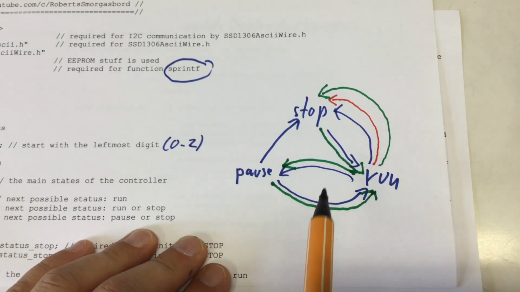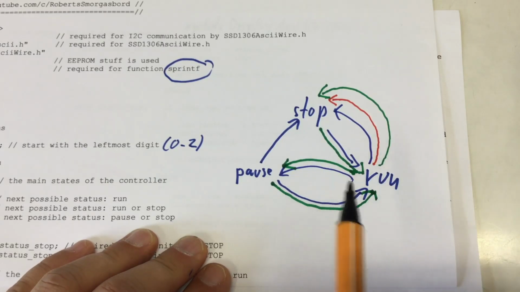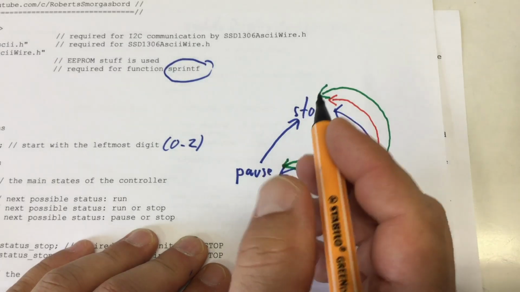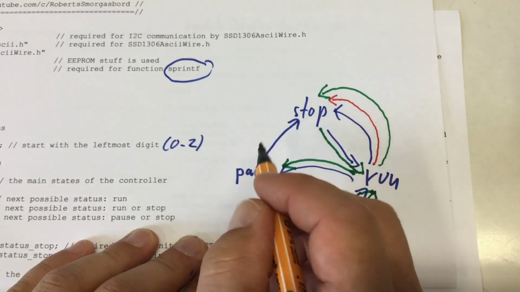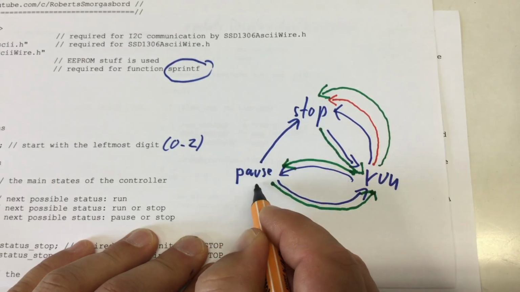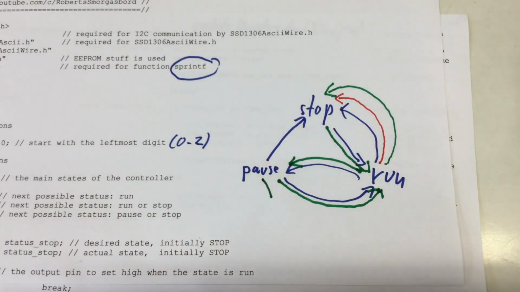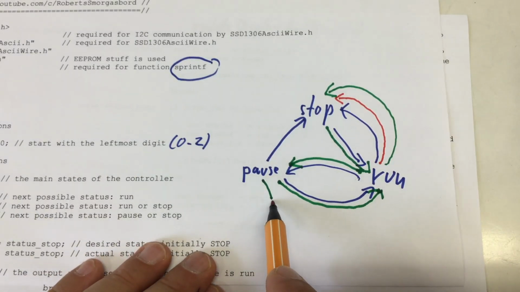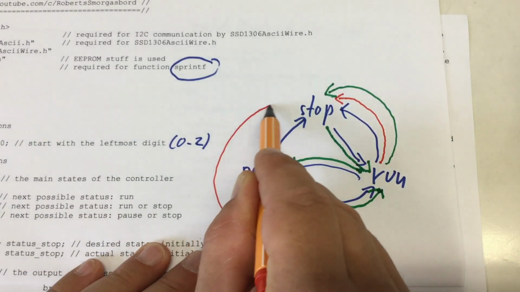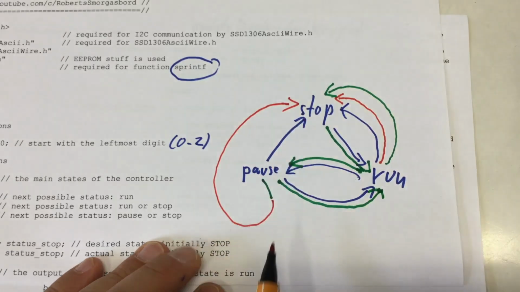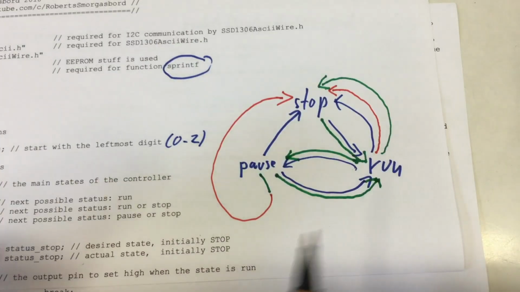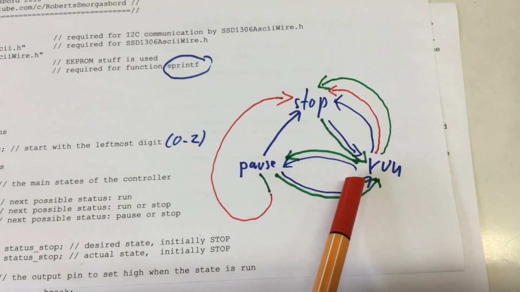This is really an exception, pressing the button at the right moment. We also had, yeah, we pressed the button, but then our update and timer routine decides to make a detour to the stop state.